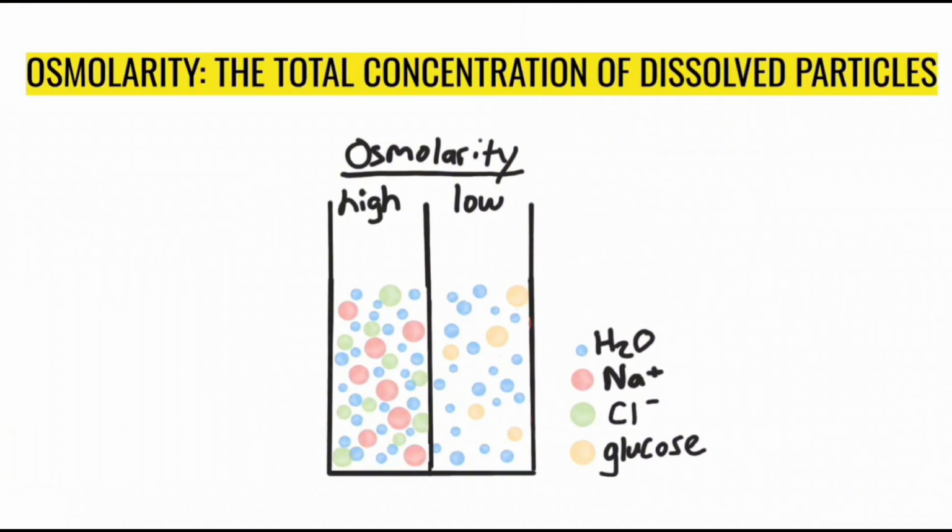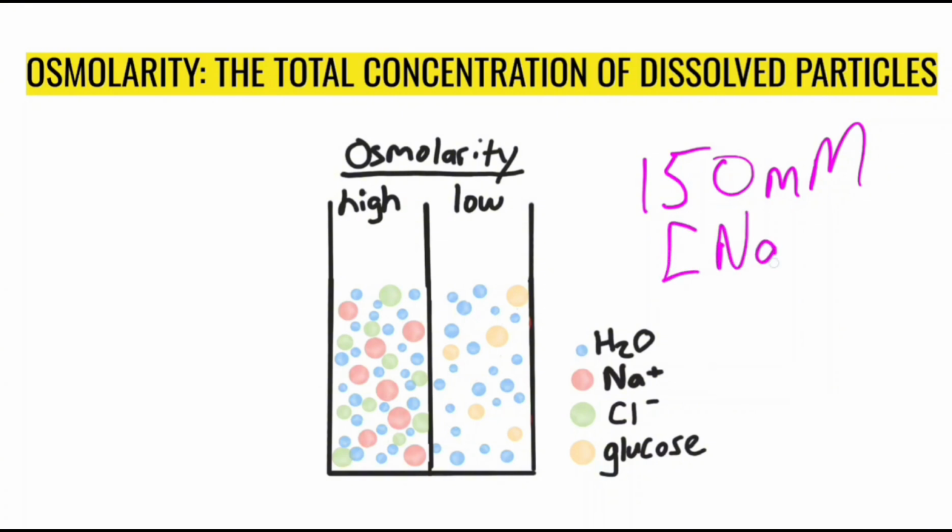So, for example, if we had a sodium chloride solution, and we know about chemistry with concentrations, you can find descriptions of this elsewhere. Let's say we put in a 150 millimolar solution of sodium chloride, that would be the concentration. That's the number of sodium chloride molecules that were added.